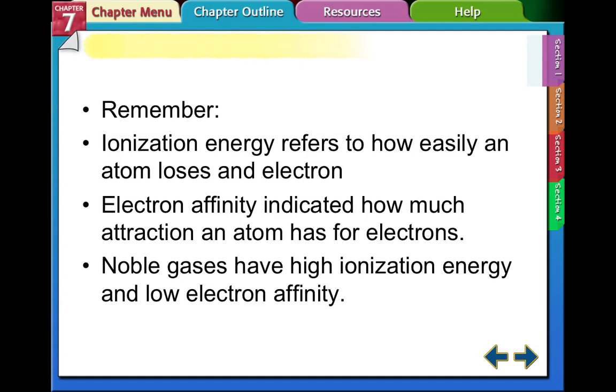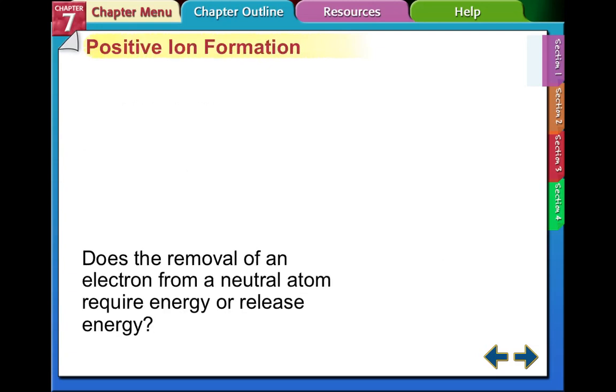And the noble gases, remember, they're happy. They have 8 in their outer shell. They don't want to combine with anybody else. So remember, they have a high ionization energy and a low electron affinity. And that does make a difference. The ionization energy and the electron affinity make a difference with who combines with who to make the compound.